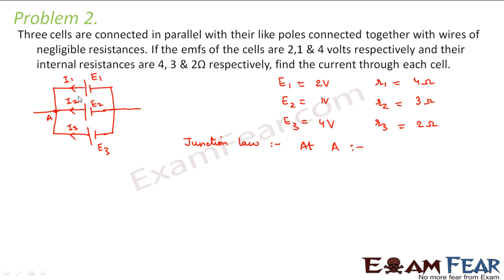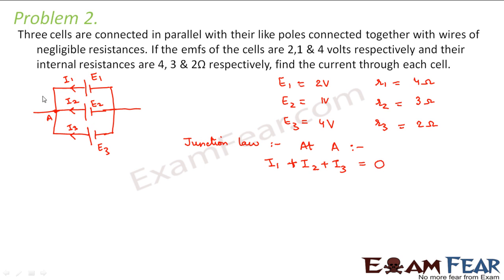At junction A, what are the currents that are coming in? I1, I2 and I3. And what are the currents that are leaving the junction? There is no current leaving the junction, so this is equal to 0.